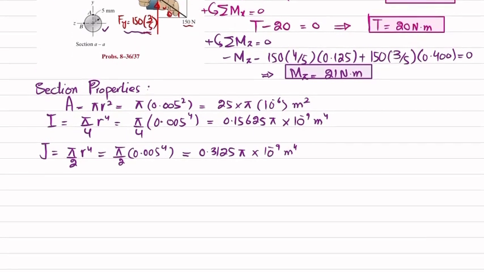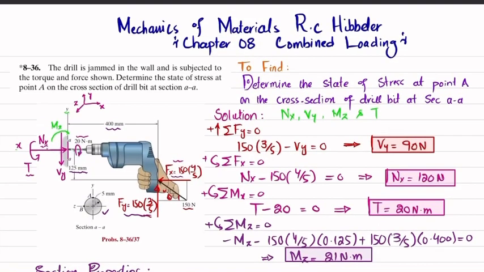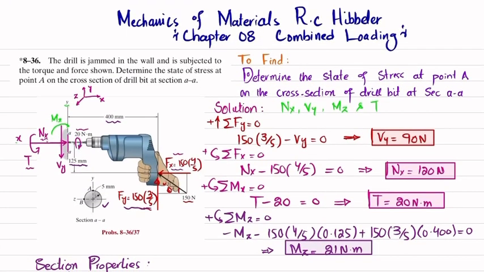Now we will use all these section properties. First we will find the normal stresses. Normal stress is represented as sigma. One normal stress is Nx divided by the area.